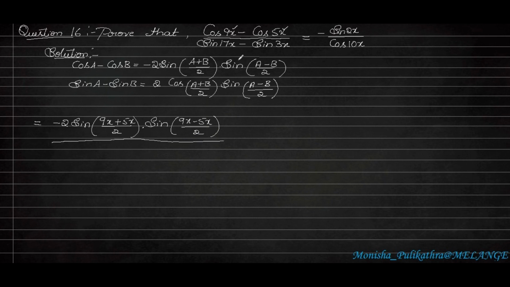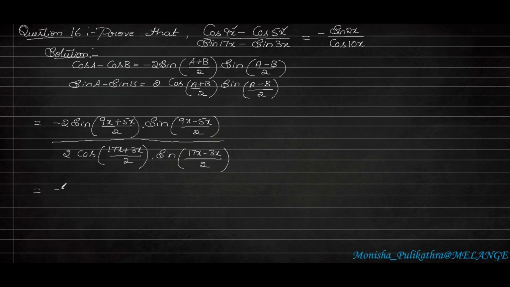So denominator is in the form of sin A minus sin B. So sin A minus sin B, I have written the formula 2 cos (A plus B) by 2 and sin (A minus B) by 2. So denominator will be changing in the form of the second formula, that is 2 cos (A plus B) by 2. Here A is 17x and B is 3x, divided by 2 into sin (A minus B) by 2, that is 17x minus 3x divided by 2.